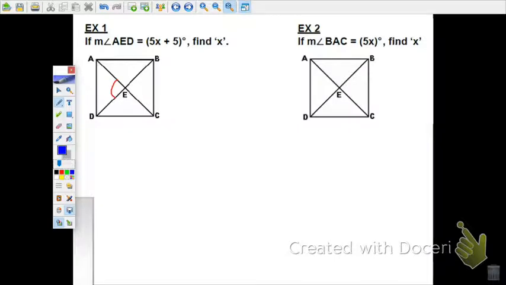They are perpendicular, which means they form a right angle. So 5x plus 5 is equal to 90. So we subtract 5, 5x is equal to 85. And then we divide by 5 to find that x is equal to 17.